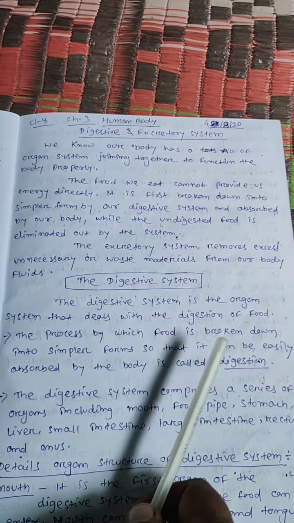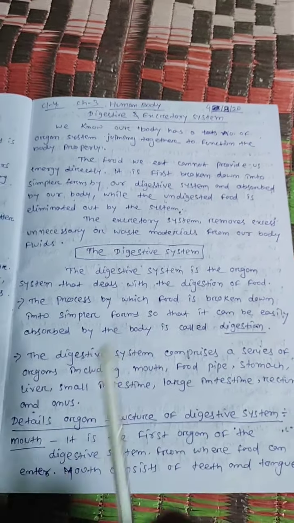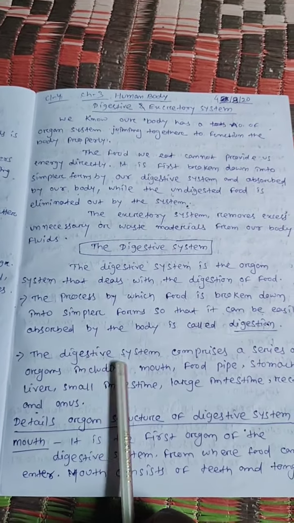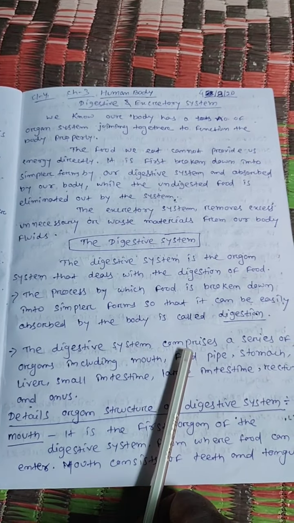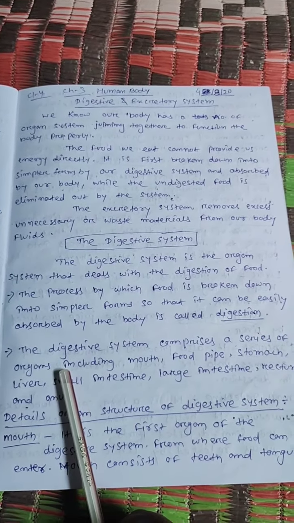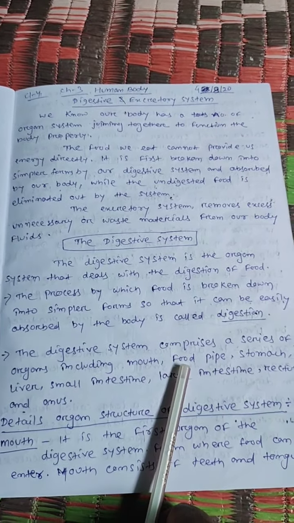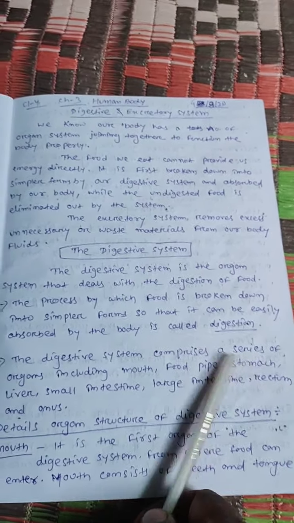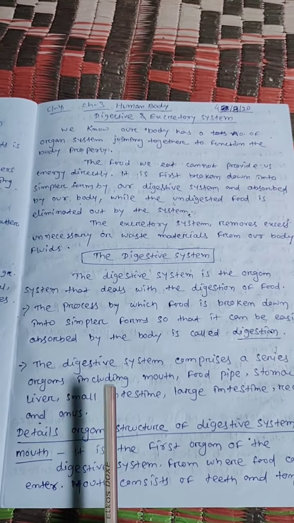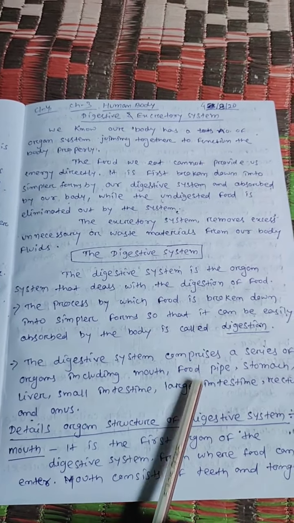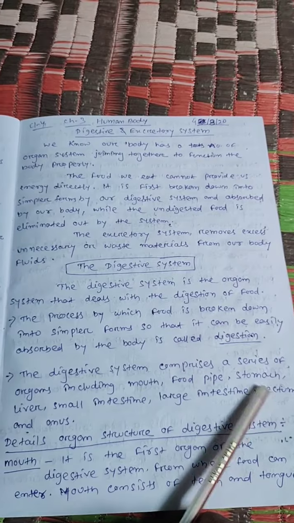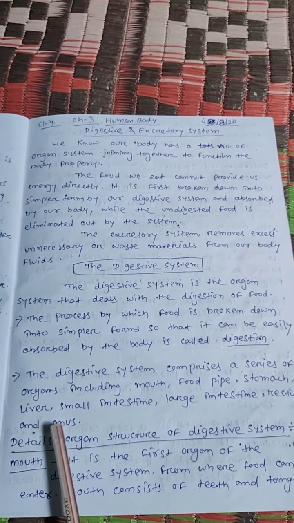That is called digestion. And the digestive system comprises a series of organs, starting from the mouth, food pipe, stomach, liver, small intestine, large intestine, rectum, and finally anus.